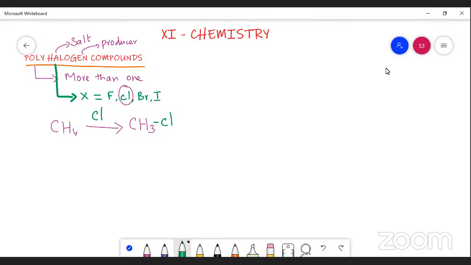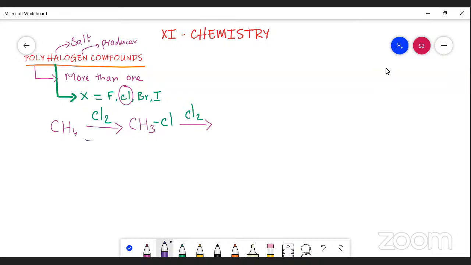Monohalogen derivative. So we already know that it is a haloalkane, monohaloalkane. Now, further, it is reacted with chlorine. What will happen? So listen, here it is reacted with further chlorine. Then what is the byproduct here?